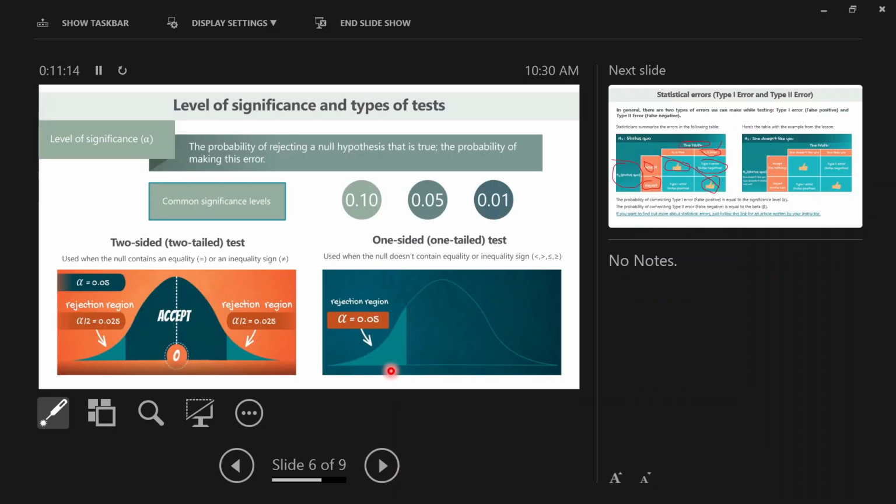But let us look at the level of significance and the types of tests. We say that our level of significance is the same as alpha, right? And alphas are three main ones: the 10%, 1%, and 5%.